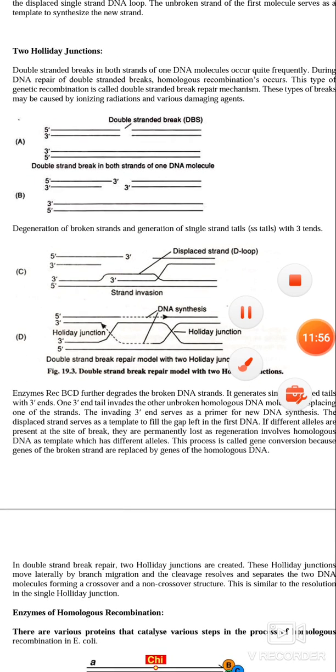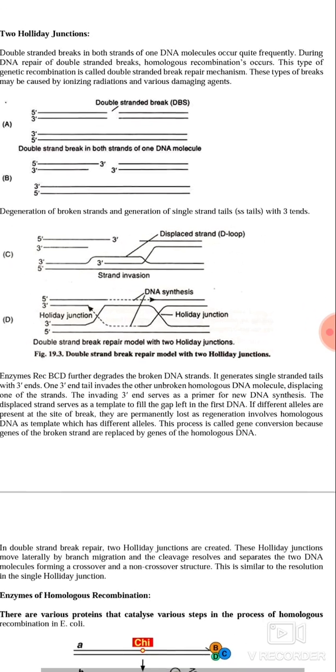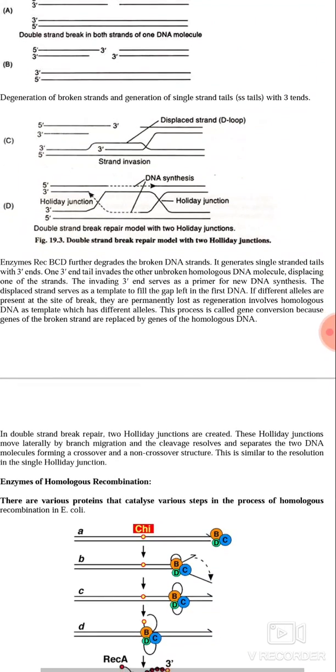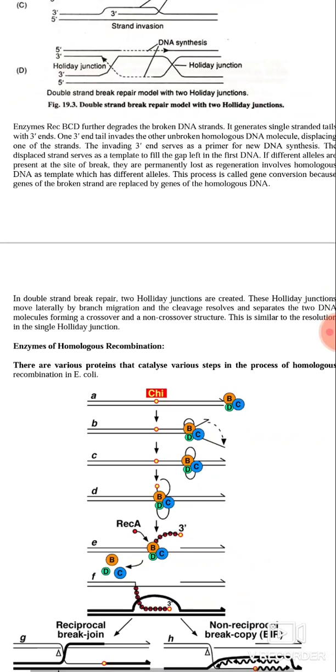And then, enzymes of homologous recombination. There are various proteins that catalyze various steps in the process of homologous recombination in E. coli. Here is the diagram.